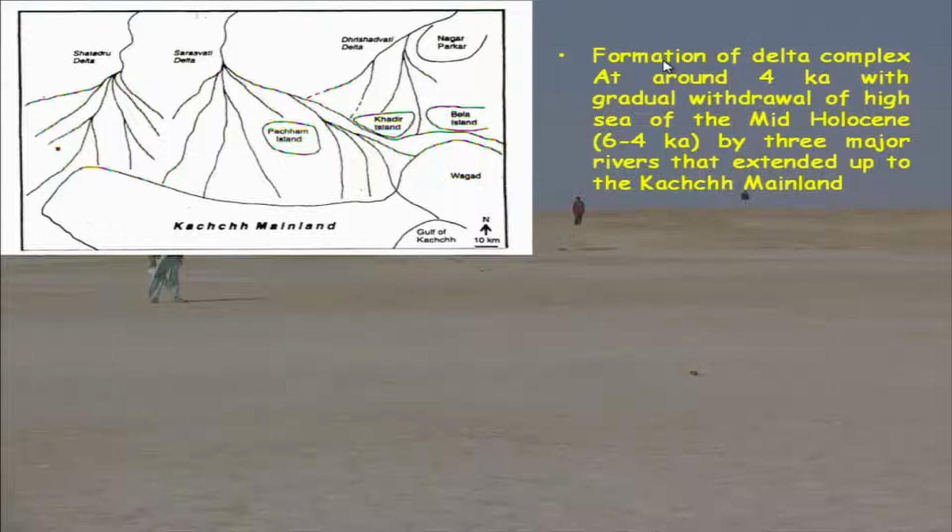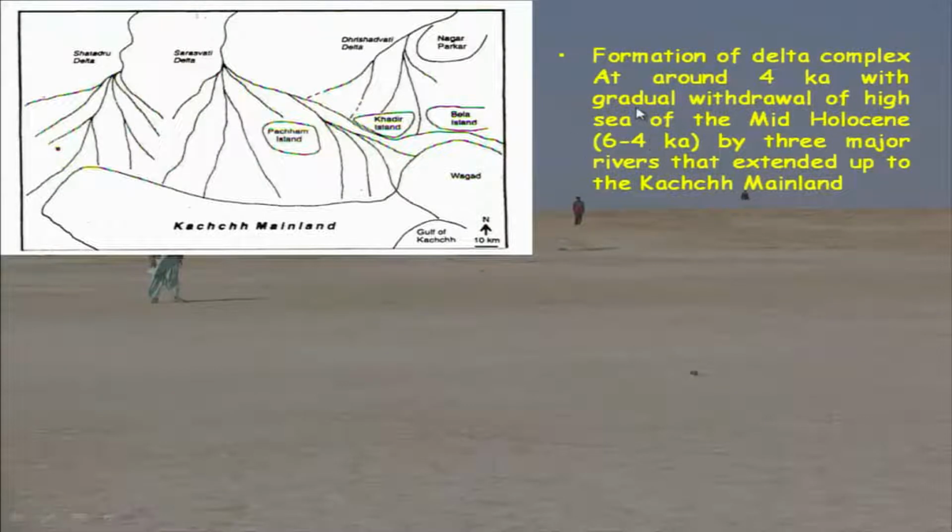So we suggested the formation of the delta complex was at around 4 Ka, with gradual withdrawal of the sea level. Climate played an important role, which allowed the extension of the drainage network further towards the ocean side, which resulted in a multiple distributary network of multiple deltas.